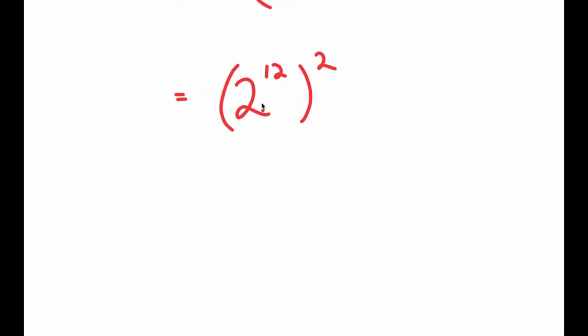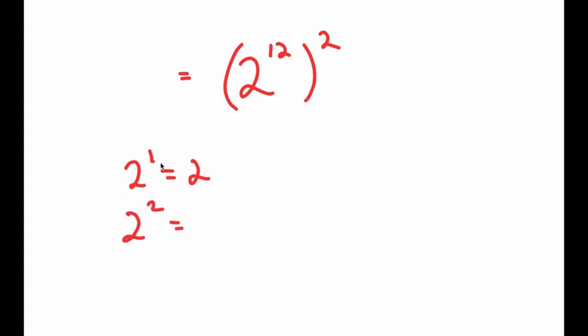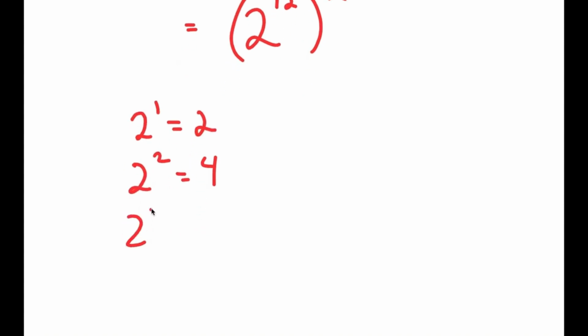And 2 to the power of 12, well, 2 to the power of 1 is equal to 2. 2 to the power of 2 is double of 2 to the power of 1, so 4. And 2 to the power of 3 is double of 2 to the power of 2, which is 8.